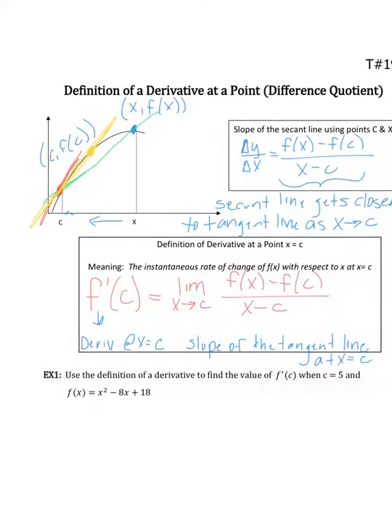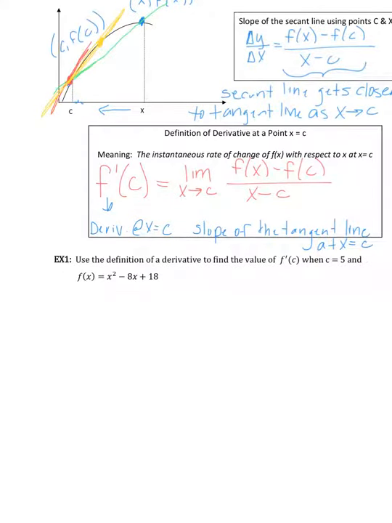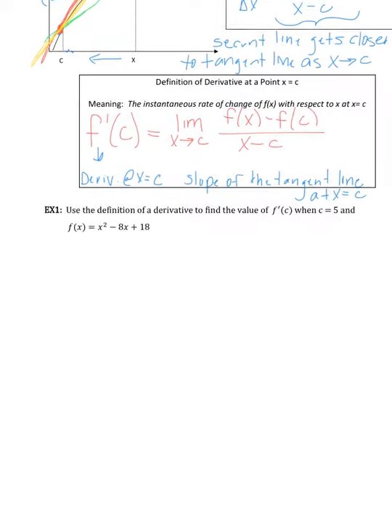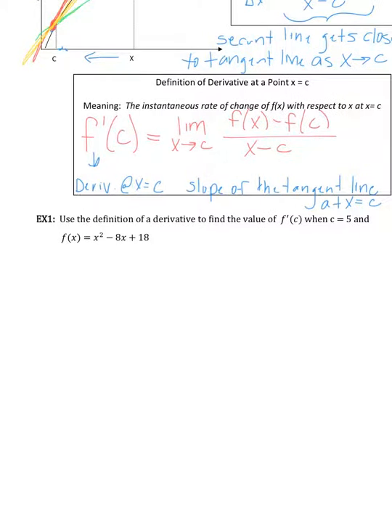So let's look at this first example. Use the definition of derivative to find the value of f prime of c when c is 5 and f of x is that function. Of course, I could have written this a different way. I could have said, find f prime at 5.